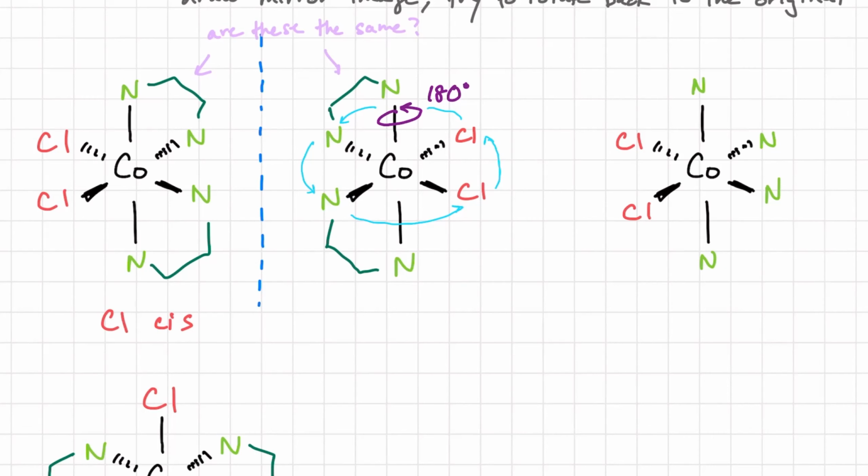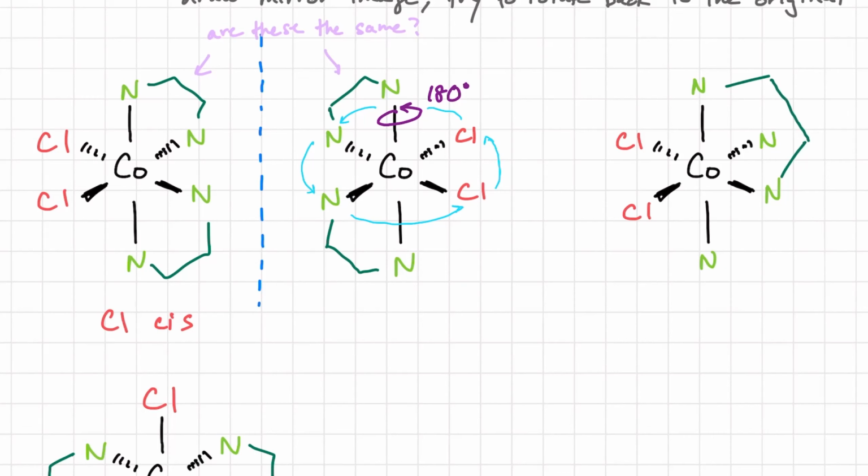So again, this nitrogen, 90, 180. So that means this nitrogen here and this nitrogen here are linked together. What's the best way I can do this? This might be a bit ugly, but it'll look something like that.